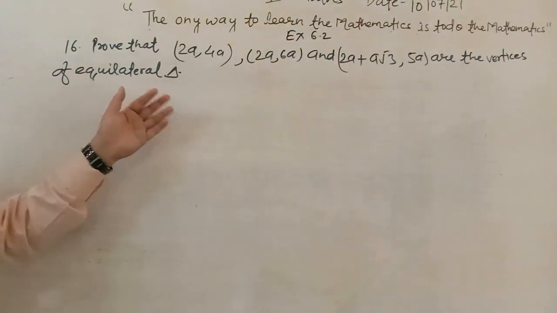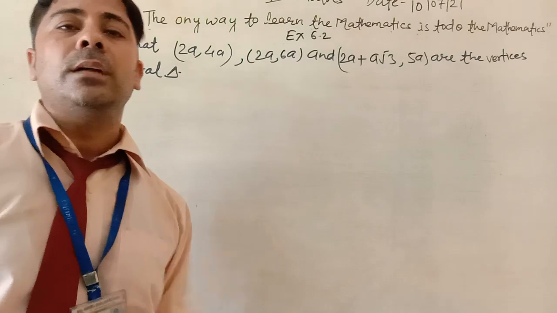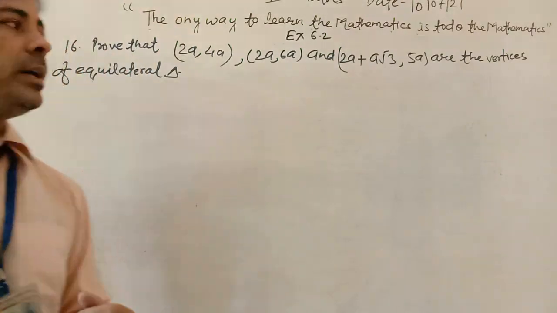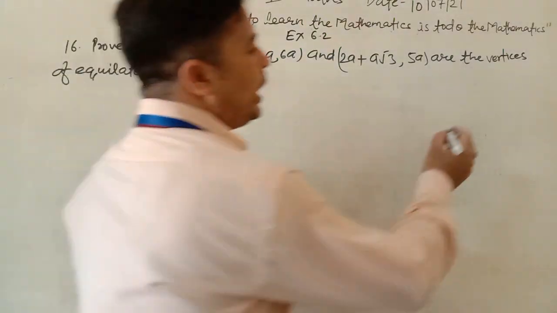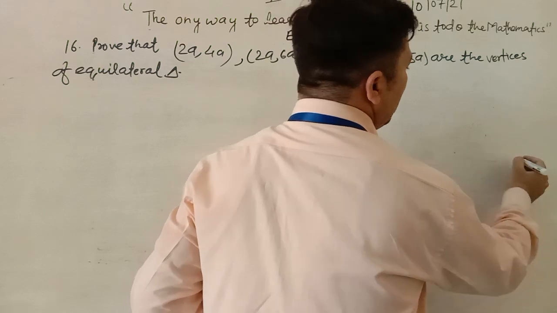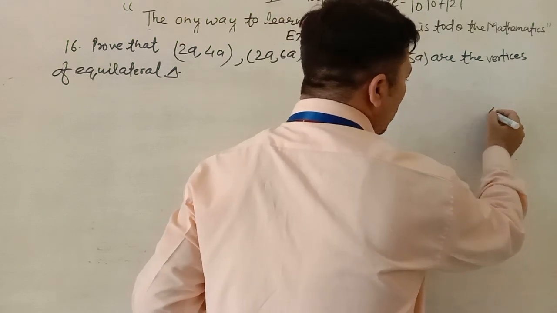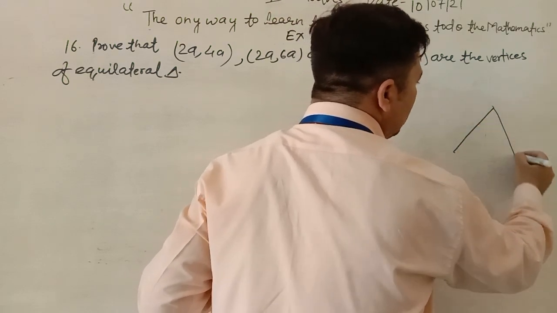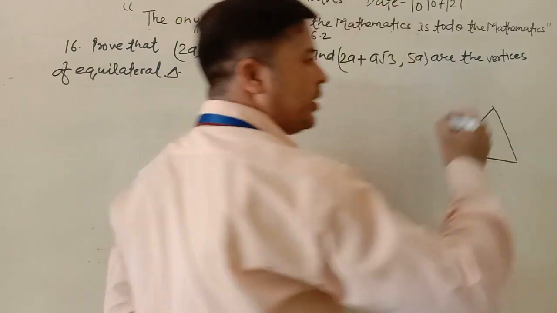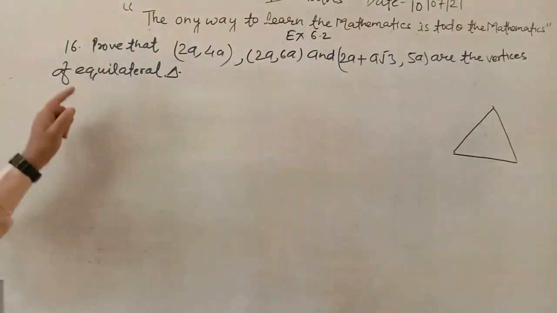You need to prove that the given points are the vertices of an equilateral triangle. You have been given 3 points and you need to prove that they are vertices of an equilateral triangle.